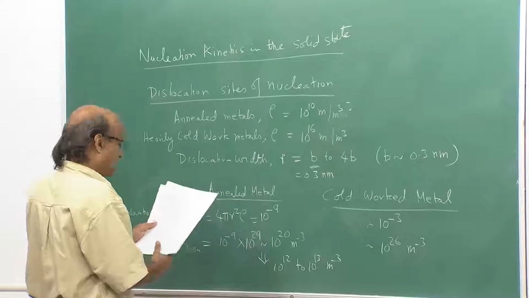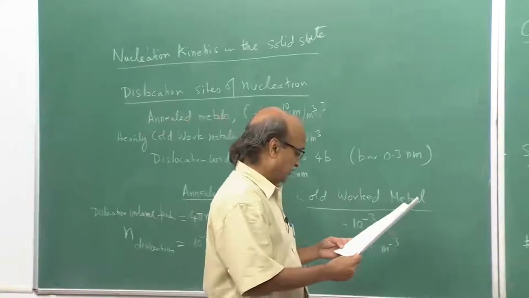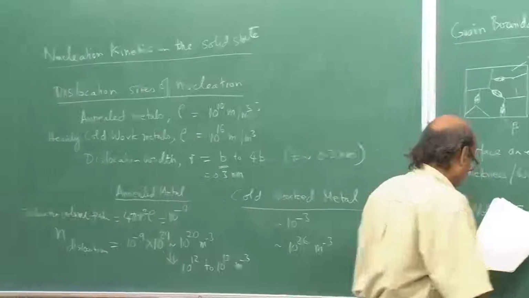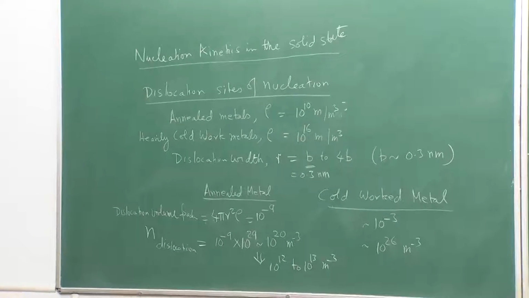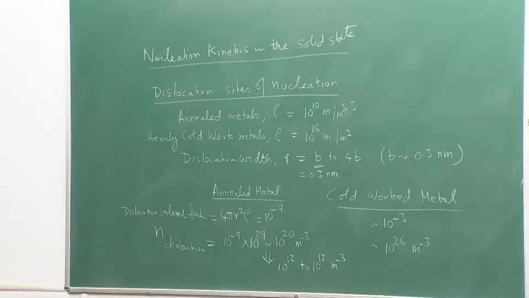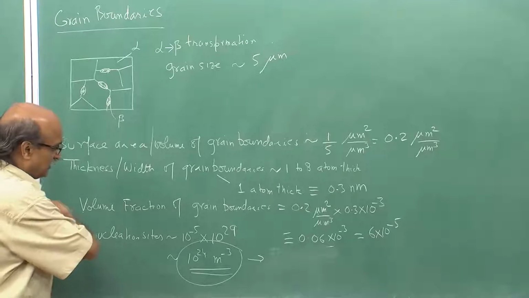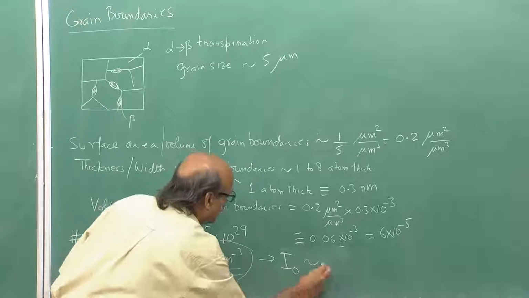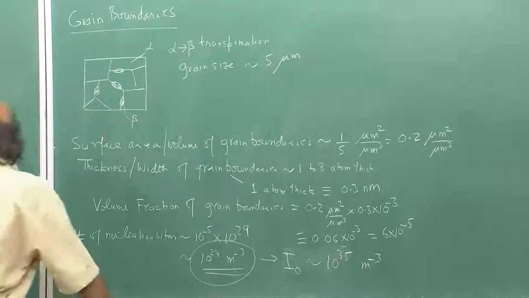So, if I then look at what is the value of my I0, in the case of grain boundaries, I0 would be of the order of 10 to the power 35 per meter cube.